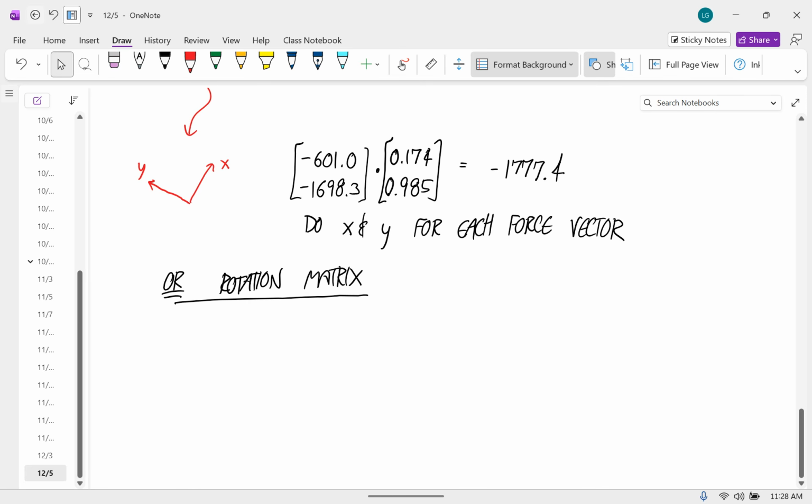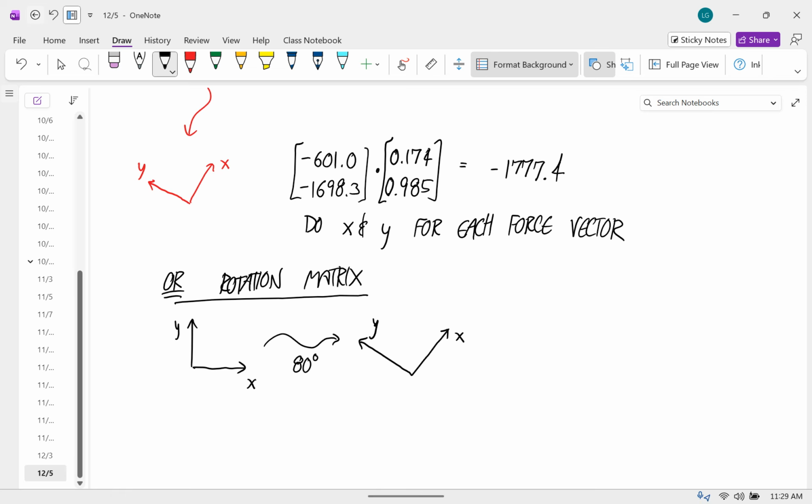Okay, so in this case, we start with our original coordinate system. And we think about what kind of rotation we would need to go to our new coordinate system. That rotation is 80 degrees. And to go from the left to the right, is that a clockwise or a counterclockwise rotation?